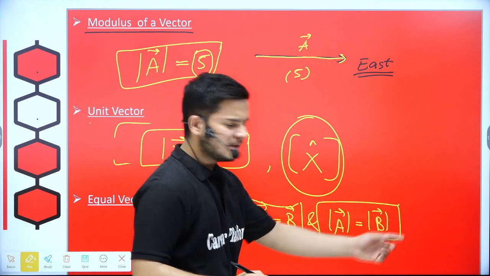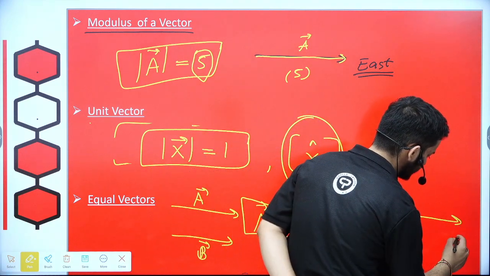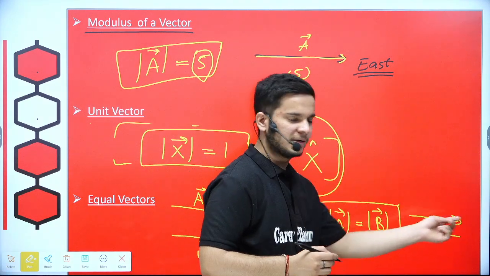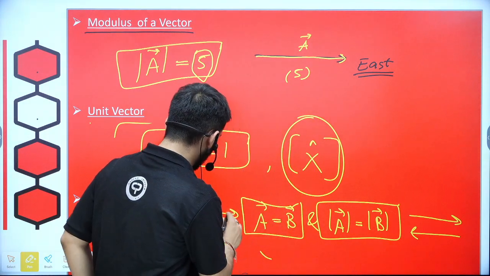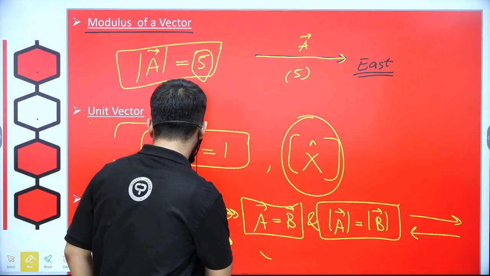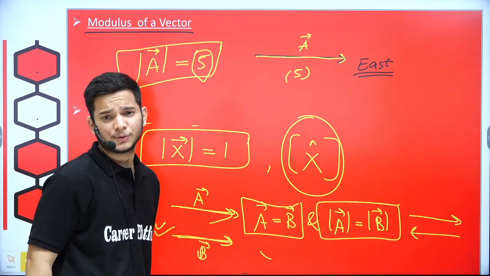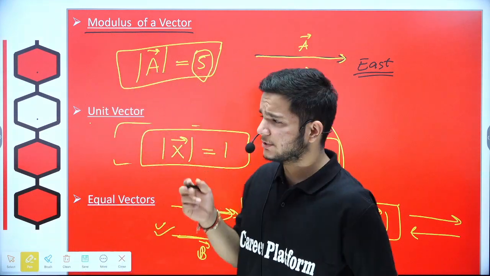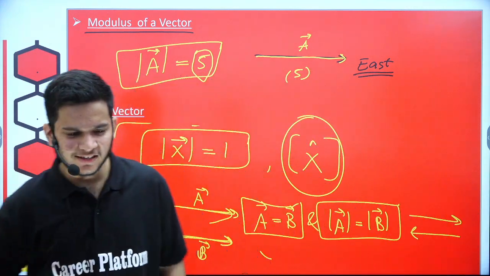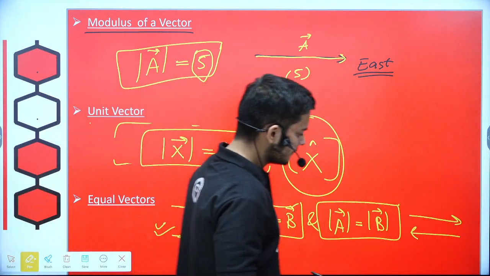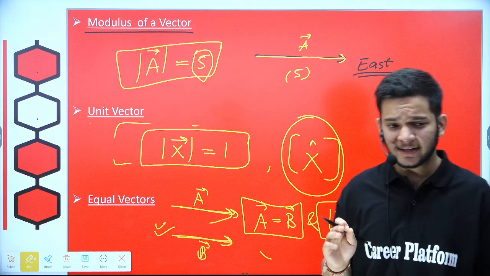This means their values are equal but their directions are opposite. It means their values are equal and their directions are also the same. This is the main thing that we need to keep reminding ourselves. Okay, is this clear? Are we getting good at it? Is there any kind of problem that we are facing?